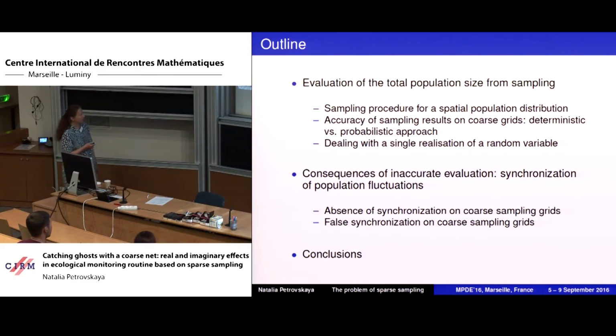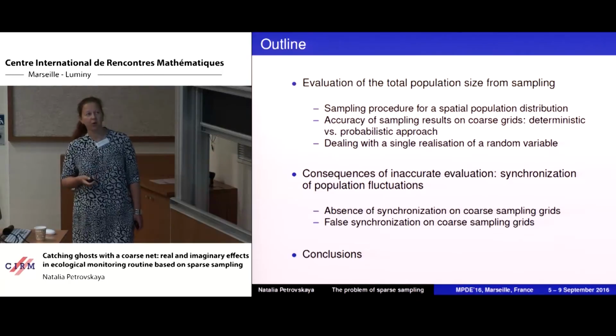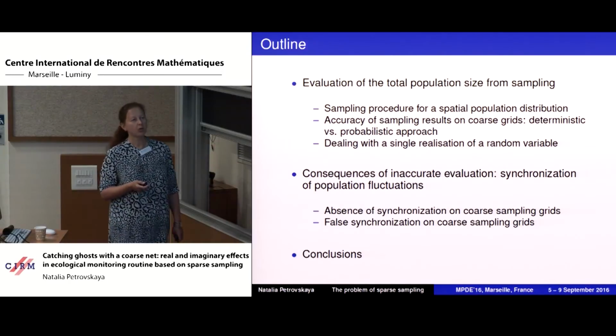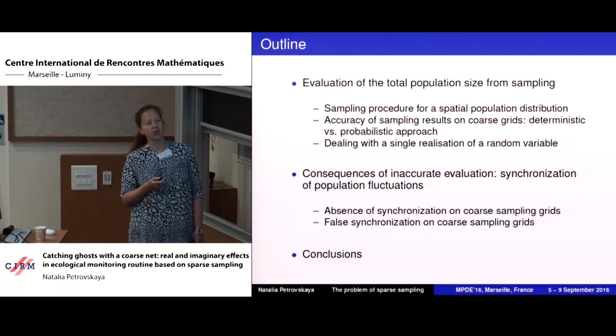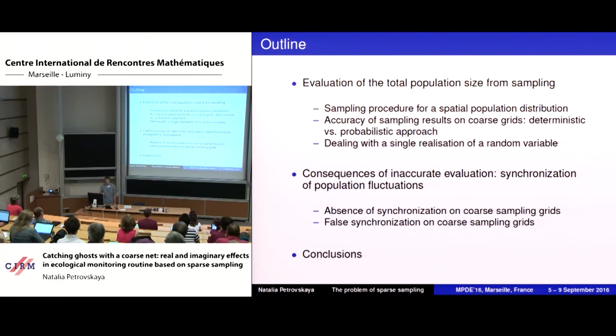And we will discuss how to deal with a singularization of a random variable, which is essentially what we have on coarse grids. And then I will give an example of consequences of what may happen if our evaluation is inaccurate, so how it may affect our conclusions about synchronization of population fluctuations.